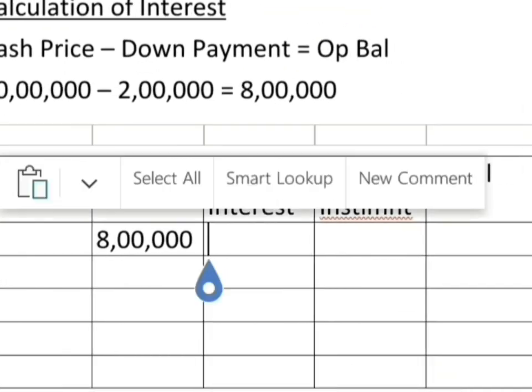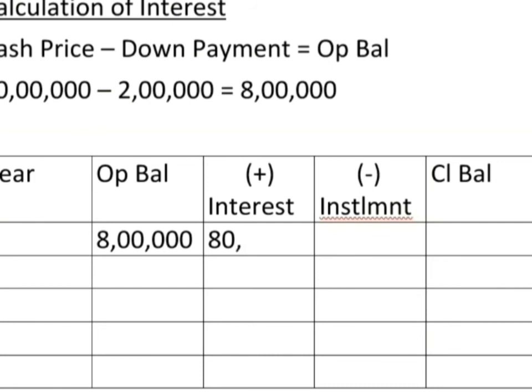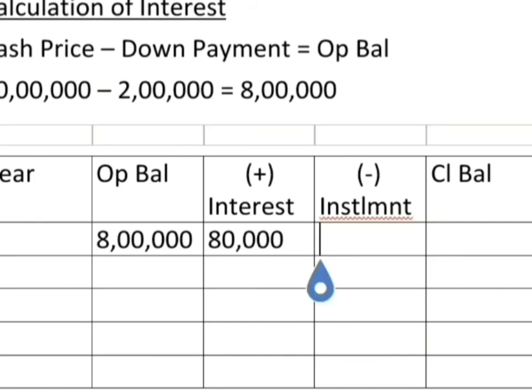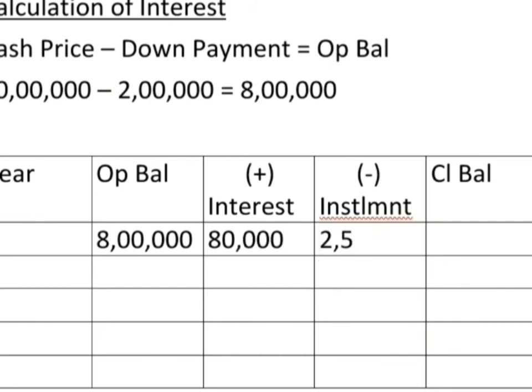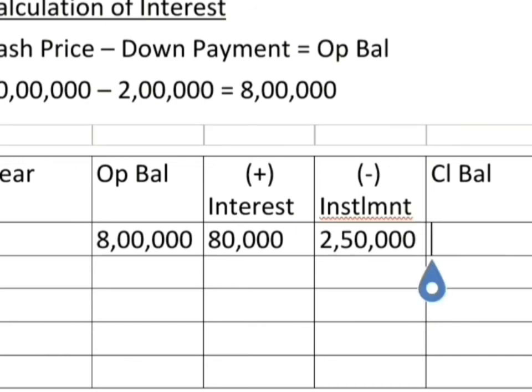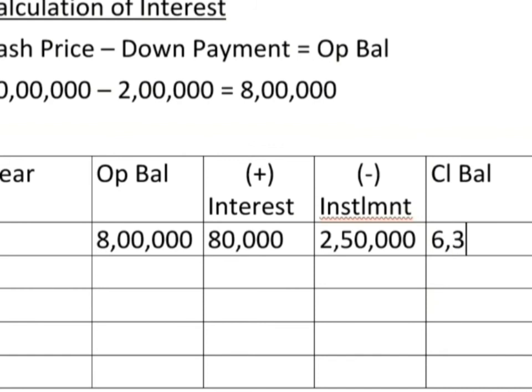Interest for the first year, we have calculated rupees 80,000. Installment, they have given installment rupees 2,50,000 for all the 4 years. So for the first year it is 2,50,000. So 8 lakhs plus 80,000 minus 2,50,000. Closing balance will be rupees 6,30,000.